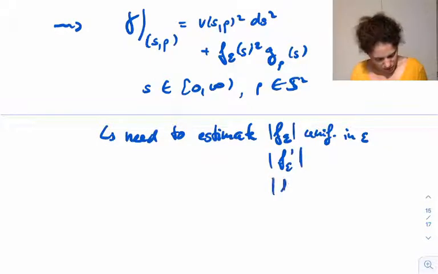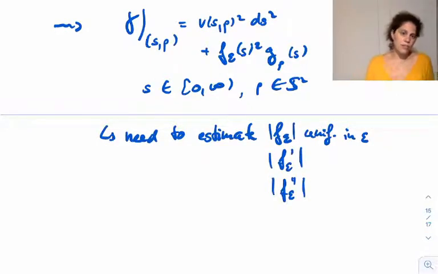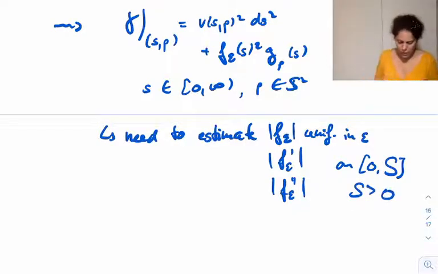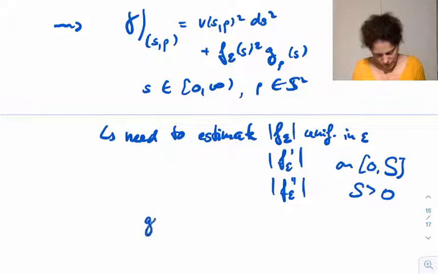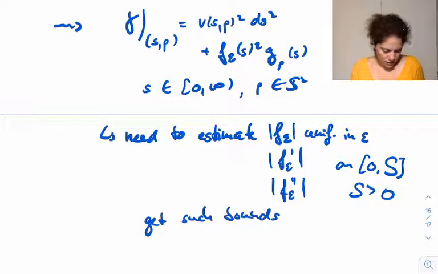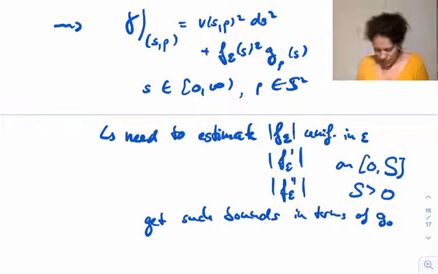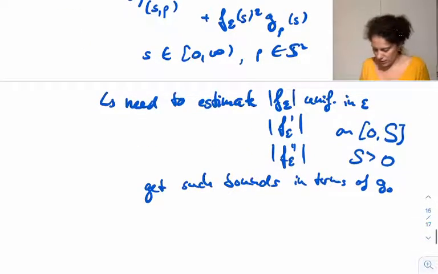And to get the C1 alpha convergence, we also estimate f epsilon double prime on some integral 0 to some capital S, for any positive S. And we get uniform bounds in terms of the initial data. It's the metric on the inner boundary, and of course, depending on the choices we make, but not depending on anything else than our definite choices and the inner boundary metric.